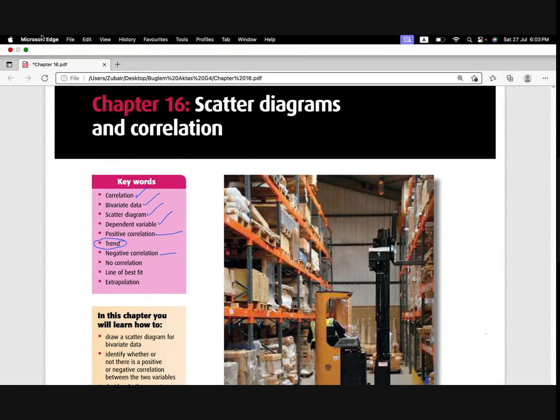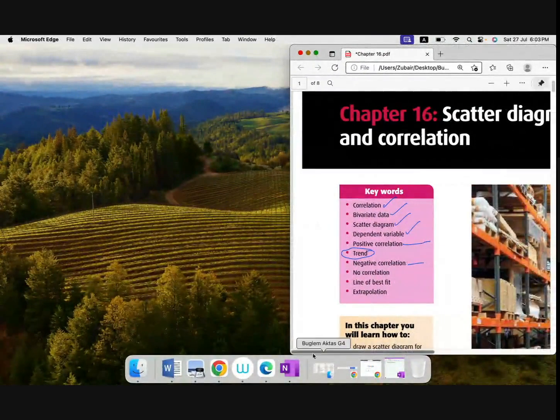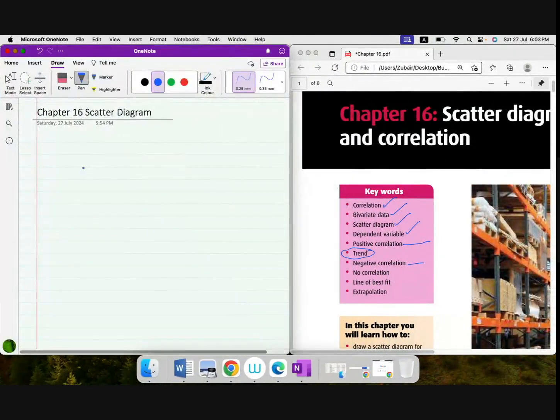For example, if I say that this is 2000 and the sales were, let's say, this much, and then this is 2010 and the sale is this.